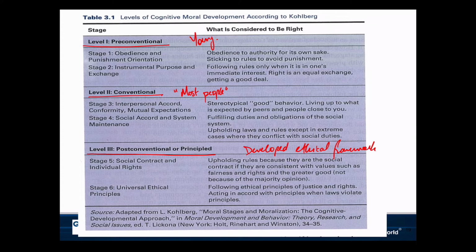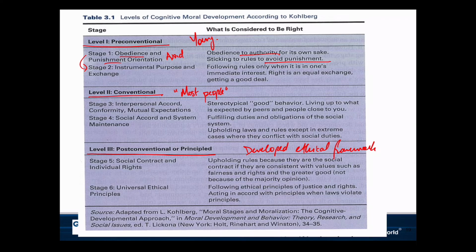So what's he say? Well, pre-conventional, when you're young, the first stage is where you do something for obedience and to avoid punishment. So you do what you're told to avoid punishment. Now, as you develop and you think about little kids, why do they do things? They do it so they won't be punished, won't be put in the corner, etc. Now, what then happens is they start to realize that if they act nice, parents and people around them are going to be nice to them.